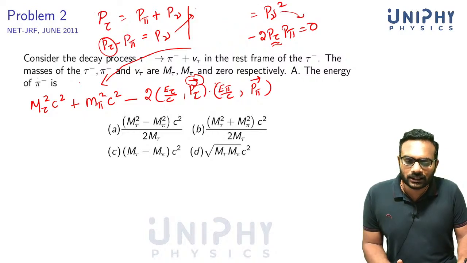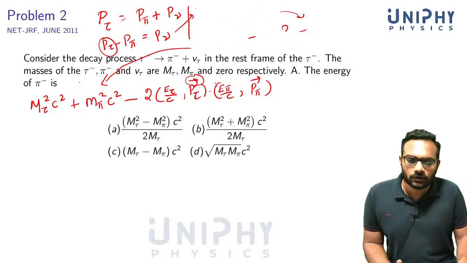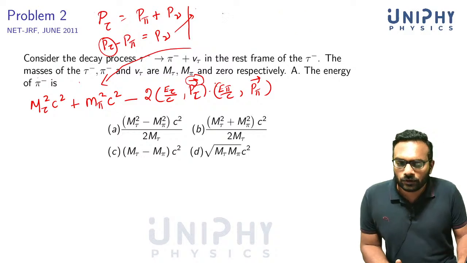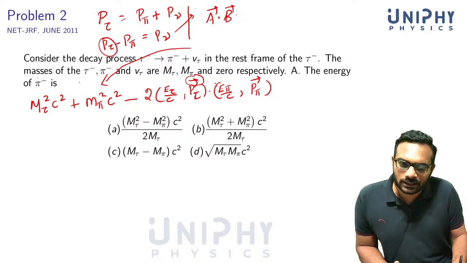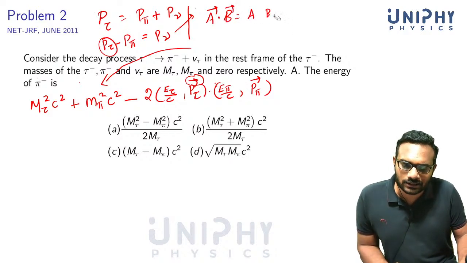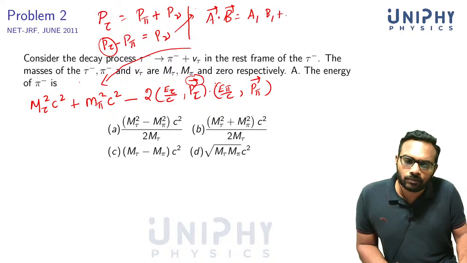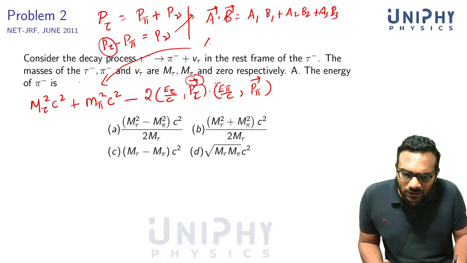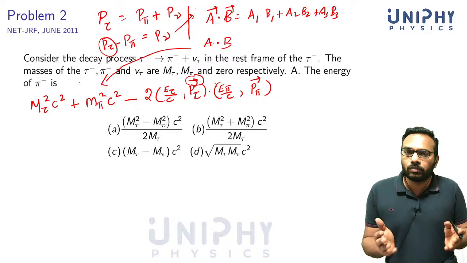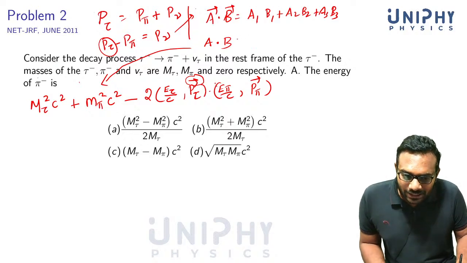We know that for a 3 vector, the scalar product is given like this: a vector dot b vector is equal to ax bx, or I'll write it in terms of 1 2 3, a1 b1 plus a2 b2 plus a3 b3. These are scalar products of 3 vectors. Now what if these are 4 vectors? If there are 4 components, then the scalar product goes like this.